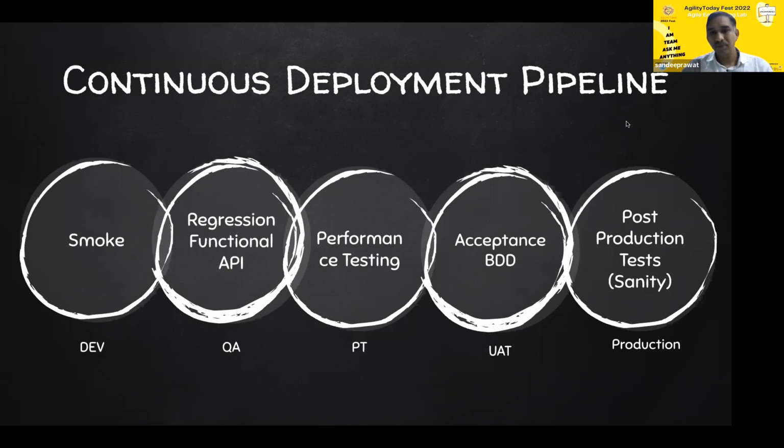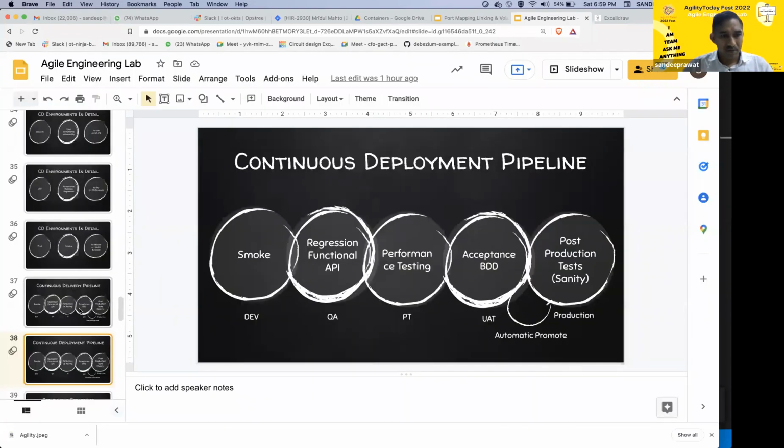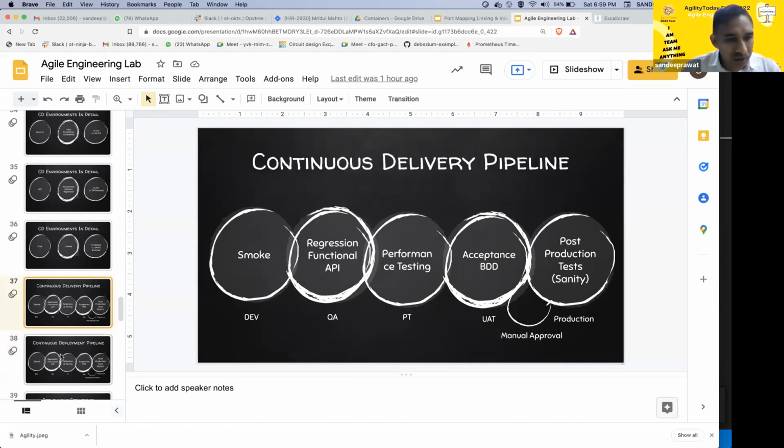Sandeep, you meant in case of continuous delivery pipeline, when we are in UAT, there should not be any manual intervention that is done, correct? Sorry, in the slide that was showing continuous delivery pipeline.